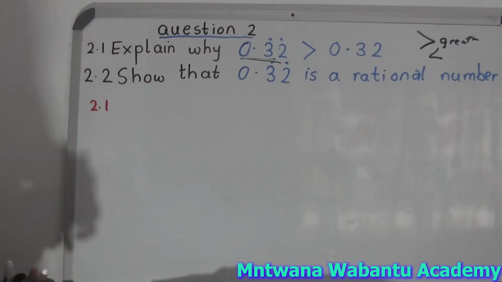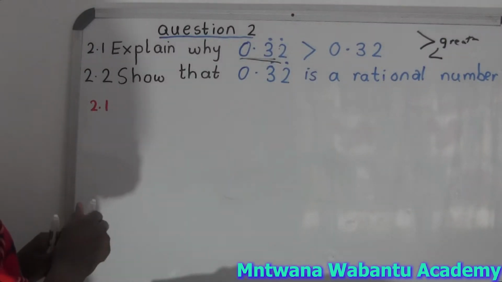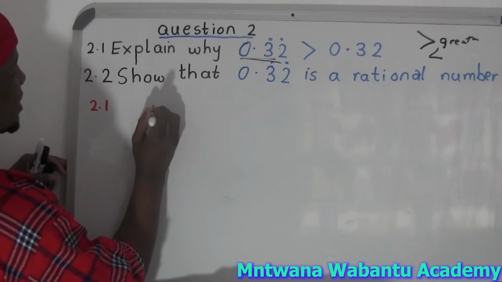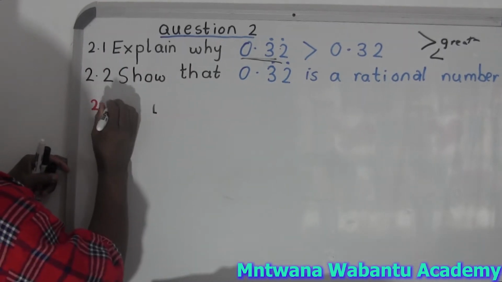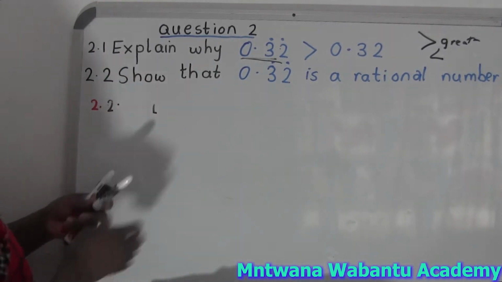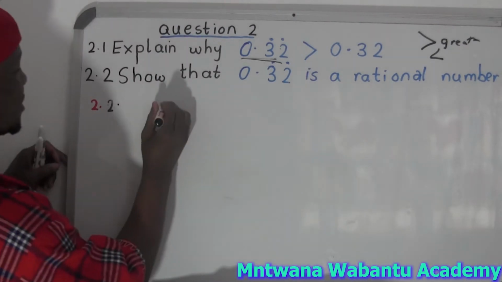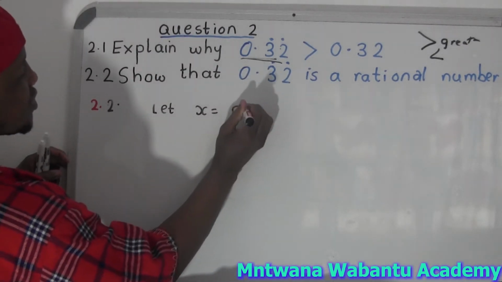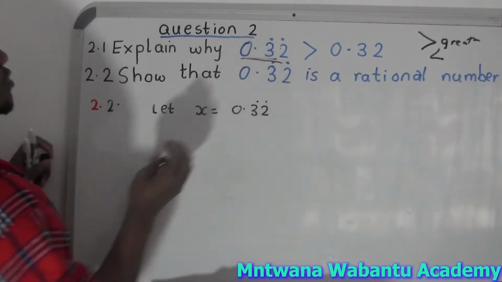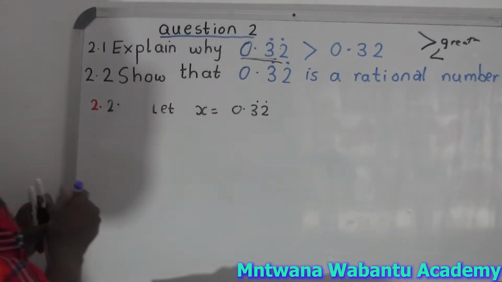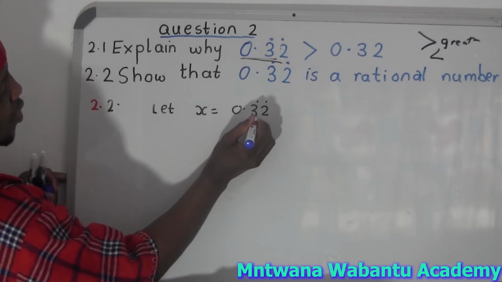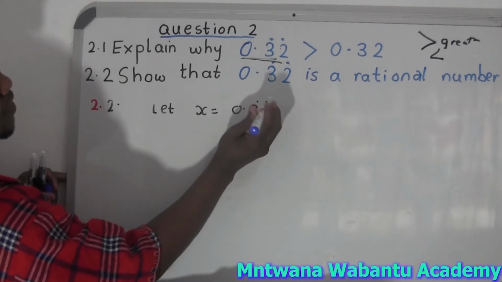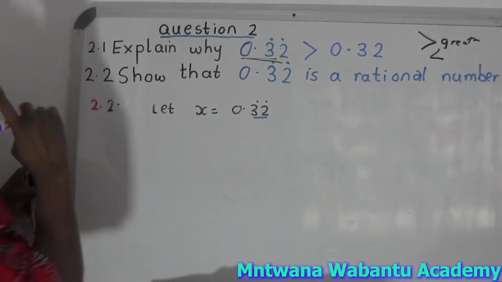So now we're going to say this is easy. What I'm going to do is let x equal this number, which is 2.2 repeating. Then look at how many decimals. On this side you only want to be left with the repeating decimal.